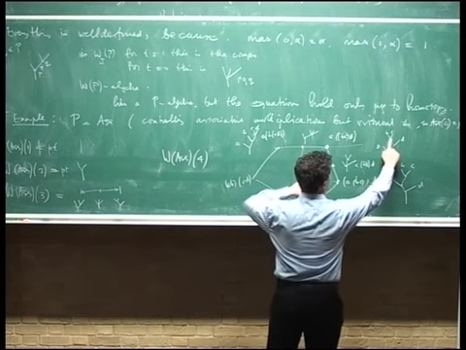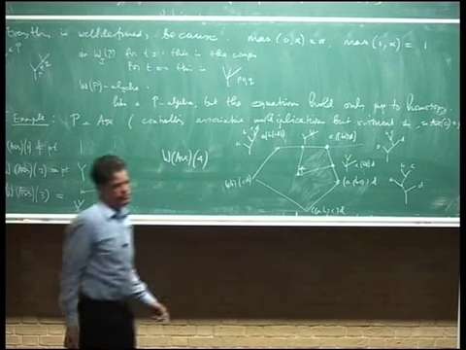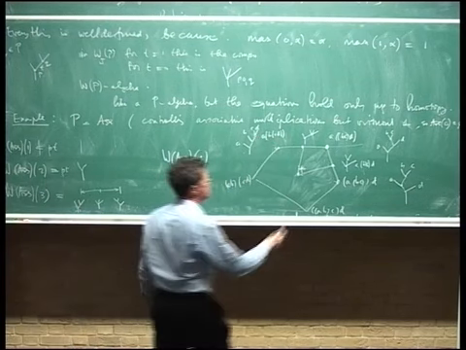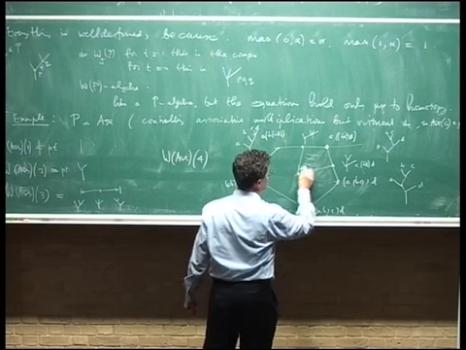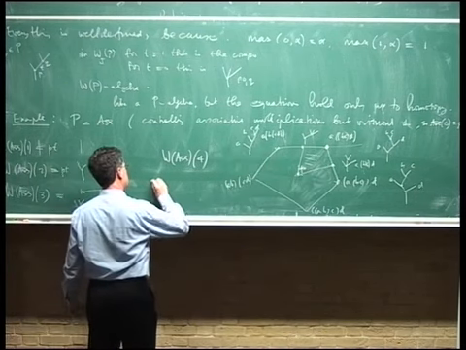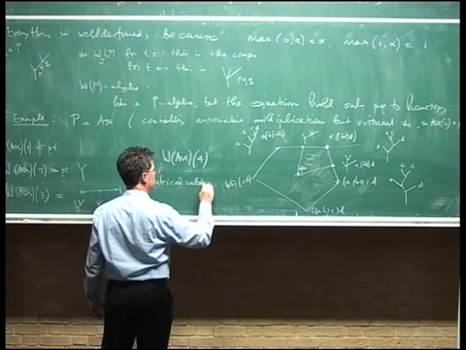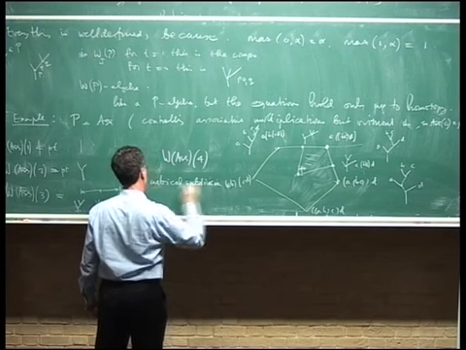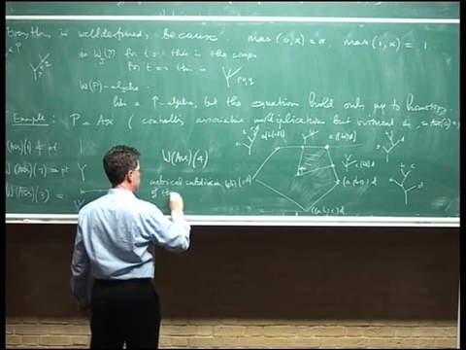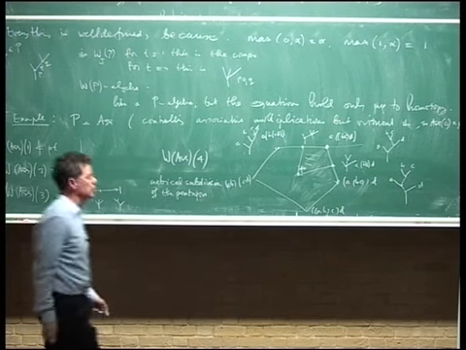Okay, so it's obtained from this one by contracting this one, and it's obtained from this one by contracting this one. So you get a cubical subdivision of the pentagon, which is the next Stasheff polytope.